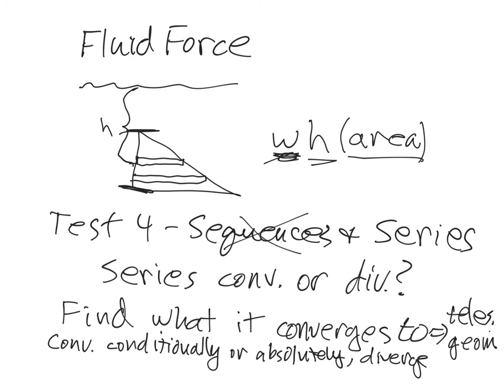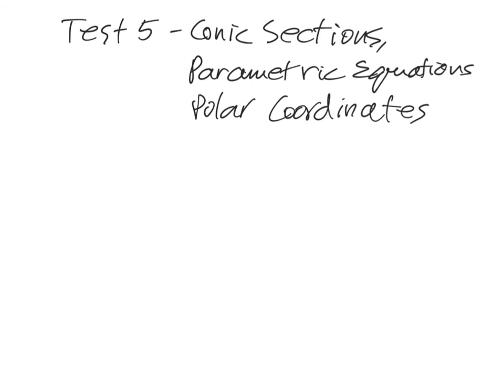Any questions there? And then test 5, which that should be really fresh in your mind, hopefully. But conic sections, again, make sure you have all the formulas down and all the characteristics.